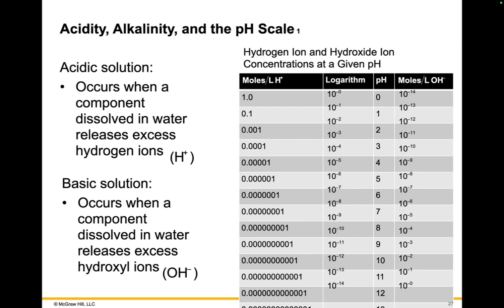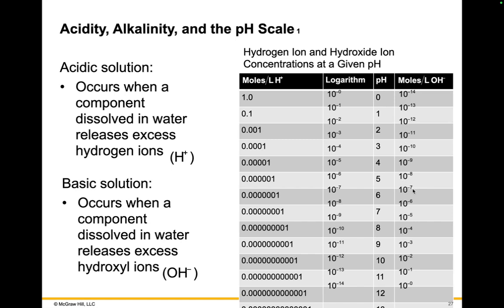But what is interesting, this is going to show the log of hydrogens, and this one's showing the log of hydroxides. And so I want you to look at a pH of 7, and it's shifted. So 0, 1, 2, 3, 4, 5, 6, 7.